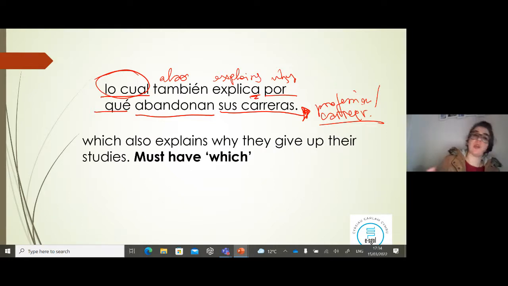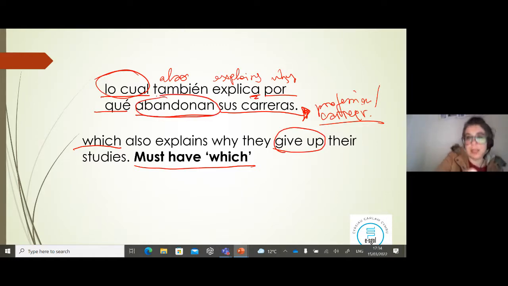Which. So lo cual is which, and is the requirement to have it. Okay, so make sure you familiarize yourselves with the connectors, which also explains why they give up, abandonan, their studies. And we're going to carry on.